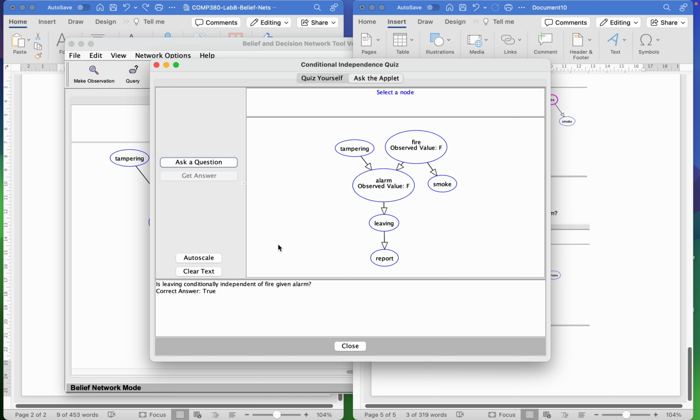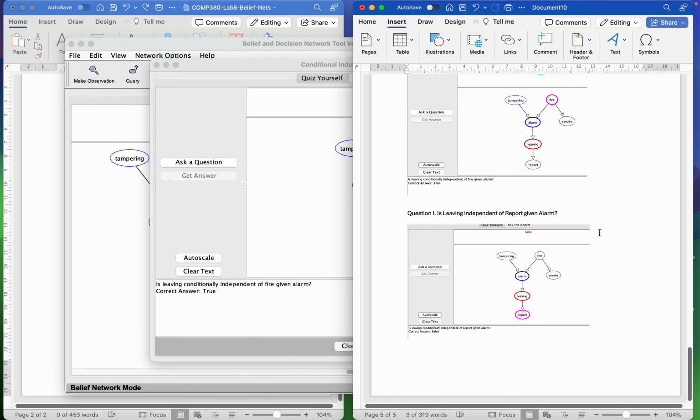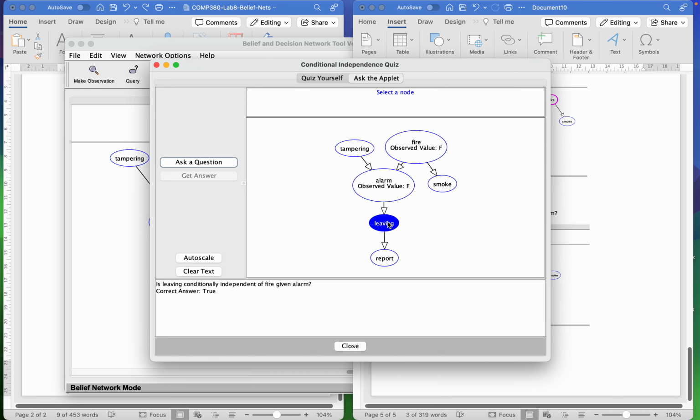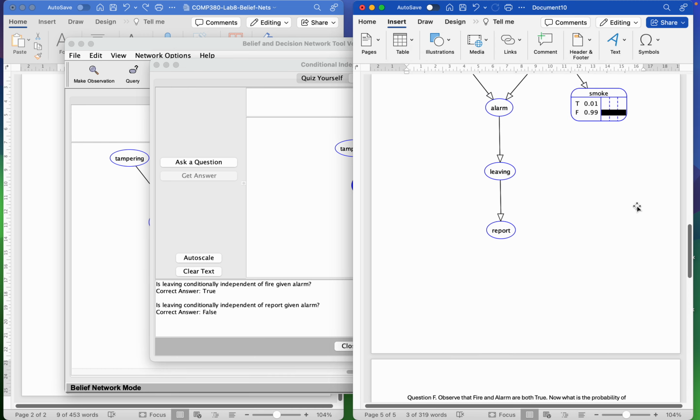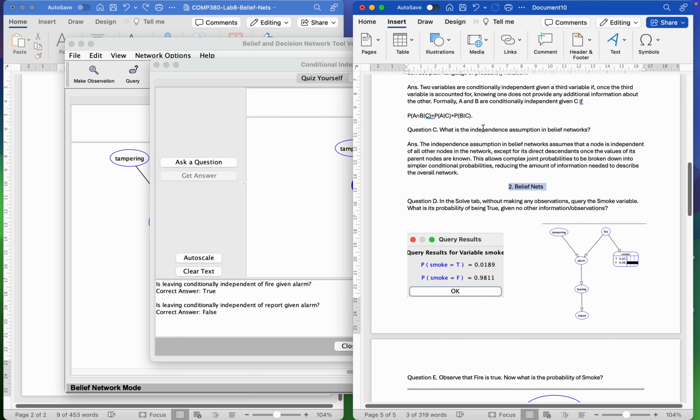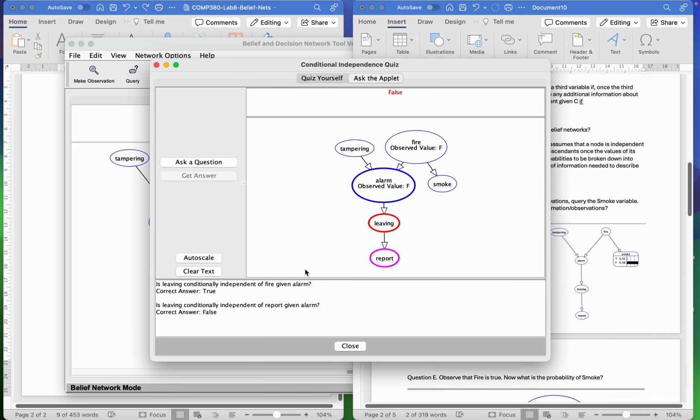Let's ask another question. Is leaving independent of report given alarm? Let's get an answer. It is false because, as we mentioned in the question on the independence assumption in belief networks, report is dependent on leaving.